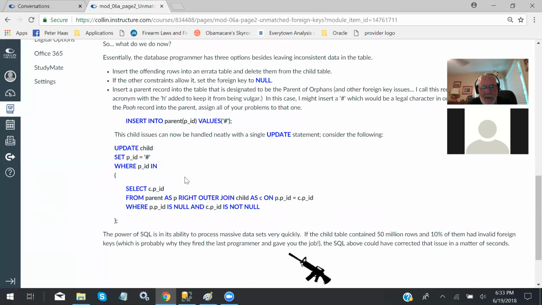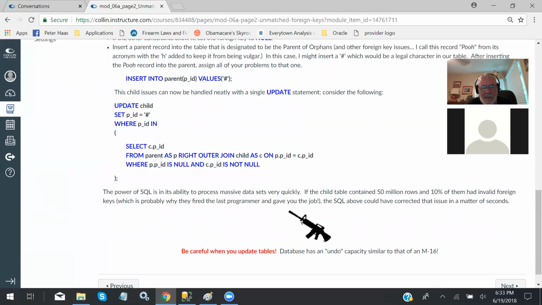This query does not belong in this chapter. The power of SQL is its ability to process massive data sets. If 10% of them have invalid foreign keys, SQL above could have corrected that issue in a matter of seconds.